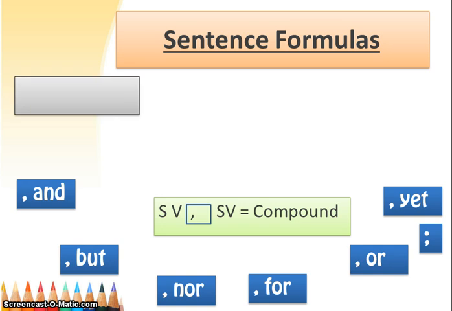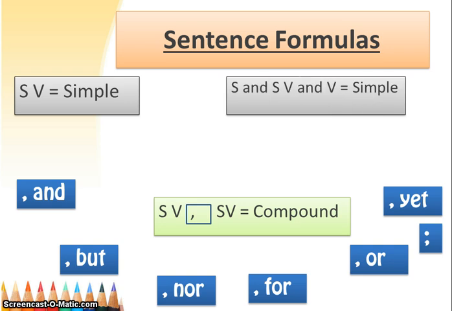Let's look at it. We have a subject and verb. Well, that just equals a simple sentence. That's what we've been discussing mostly throughout our lessons. We haven't really discussed this one, but if you have a subject and a subject, and the and is in between, like Tom and Jerry, with the verb and the verb, ran and jumped, that is still a simple sentence because it's giving you one complete thought.